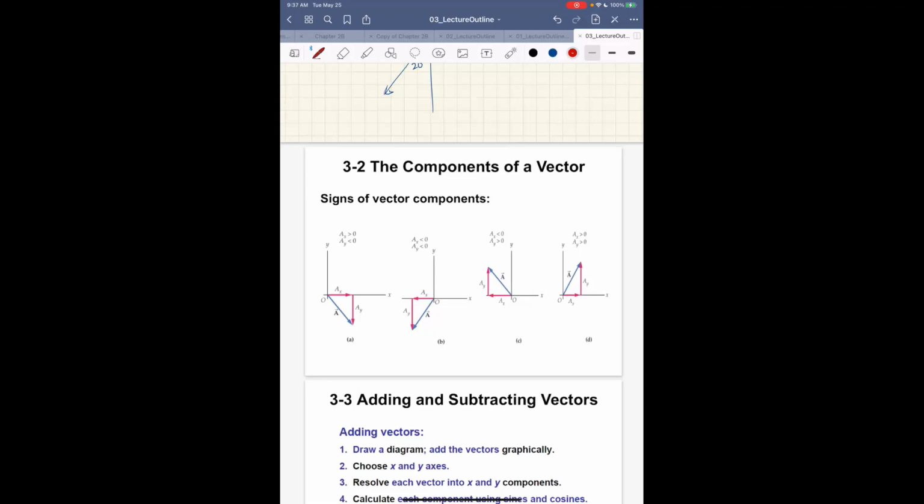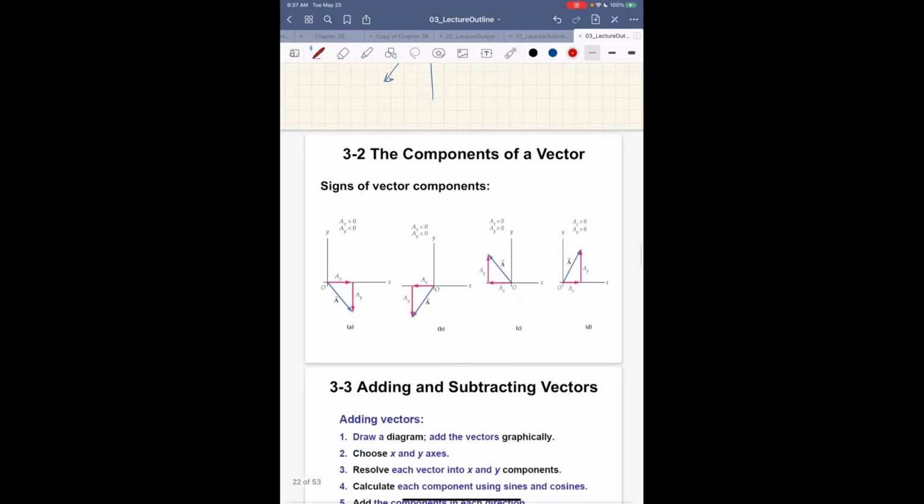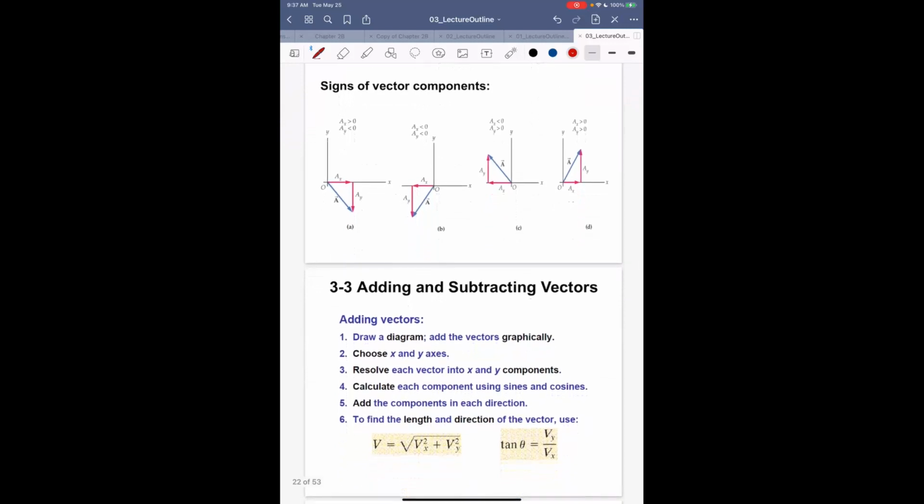In the first quadrant, you will find that two components are really positive. Now, when we add vectors, I can simply draw the diagram and add the vectors graphically, or if I like, I can choose X and Y and resolve the vector into X and Y components, calculate each component, and then add the components in each direction.